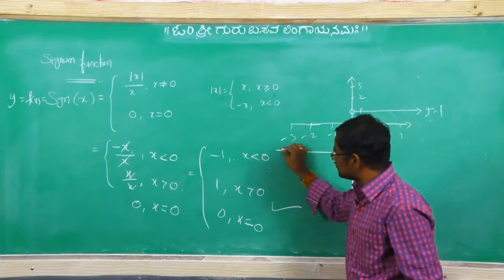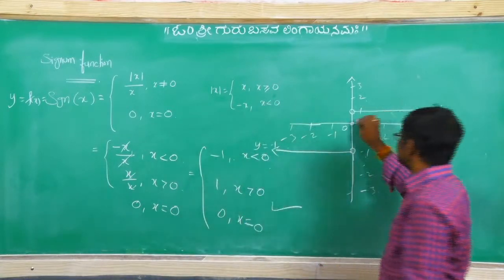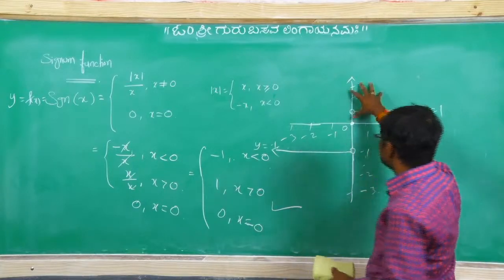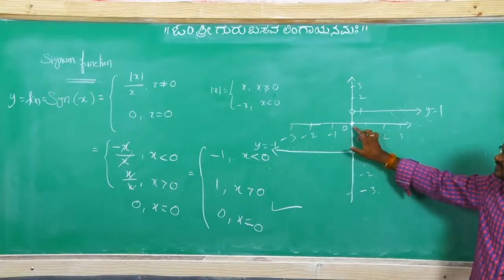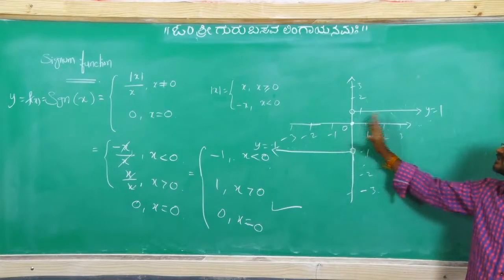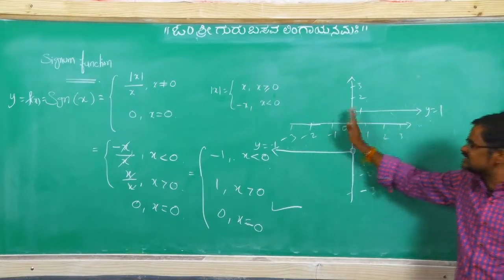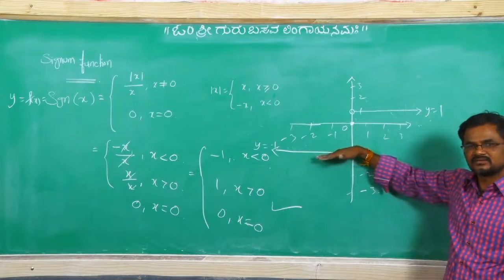So this is y equal to minus 1, this is y equal to 1, this is 0. This is our graph, the graph of Signum function. At x equal to 0, y is 0. X greater than 0, y is 1. X less than 0, y is minus 1. Here you will get it. Okay, no?